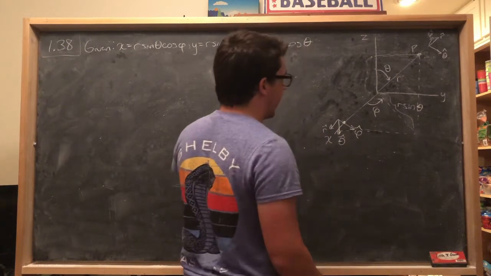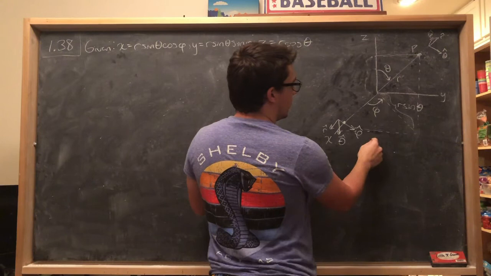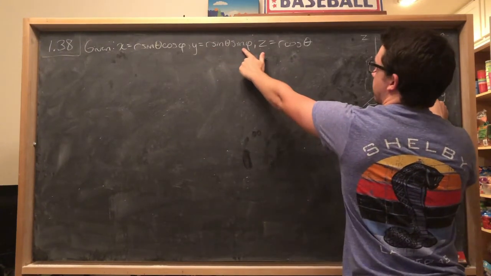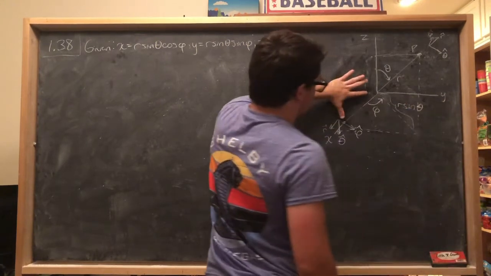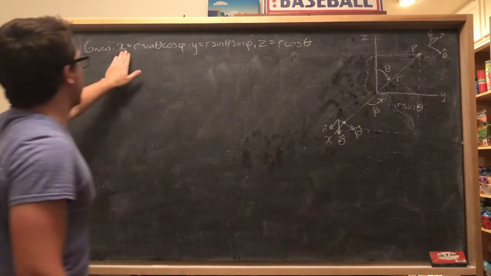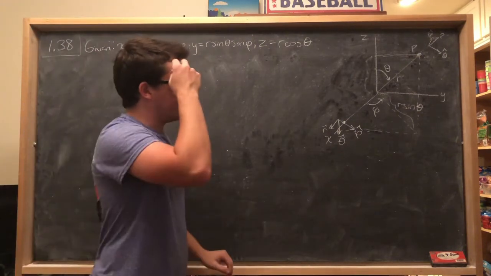We can see that r sine theta, if we attach sine phi, would give us our y coordinate. Hence y equals r sine theta sine phi. And then attaching a cosine of phi would give us our x coordinate. Hence x equals r sine theta cosine of phi.